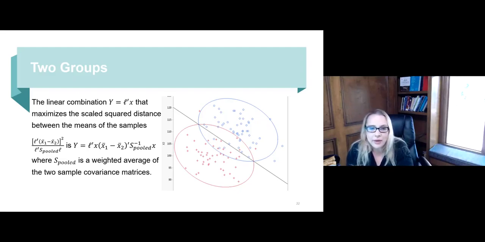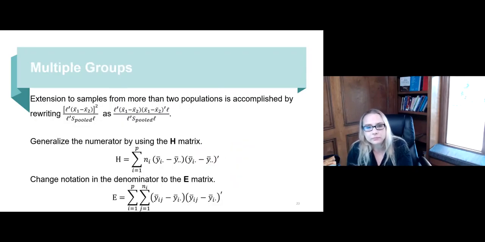So what would happen if you had more than two groups? You could extend this mathematically, and here you could start seeing what this looks like when you have more than two populations. So again, you can extend this further and look at multiple groups.